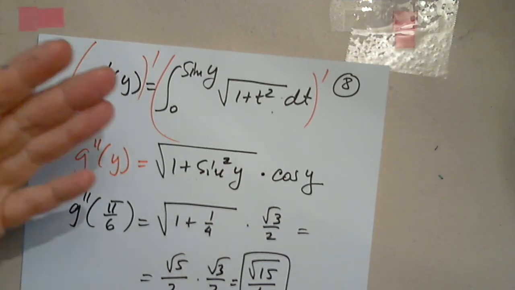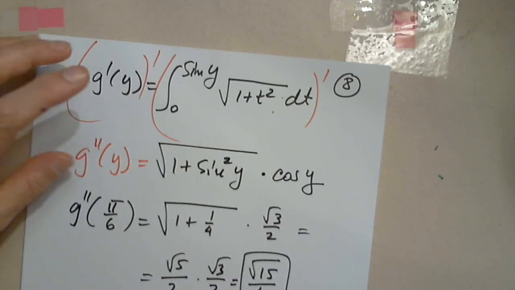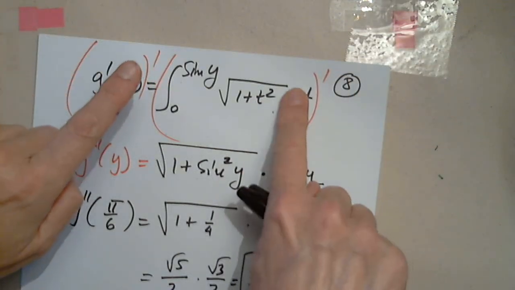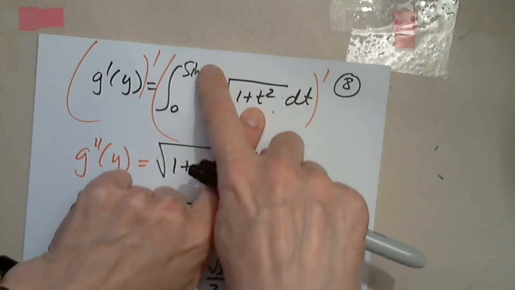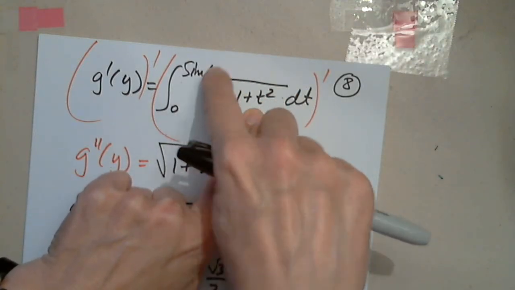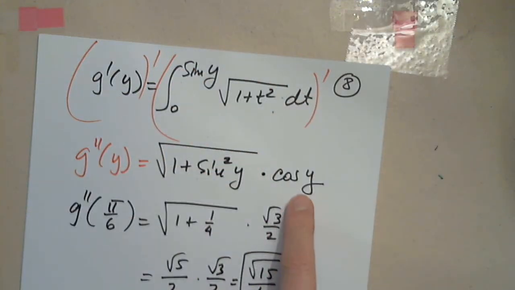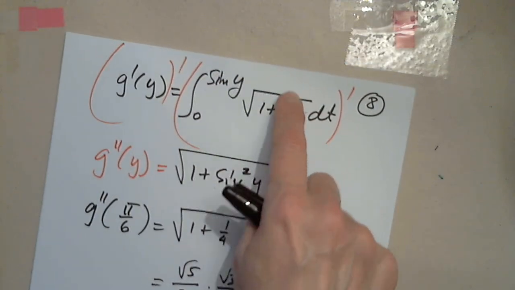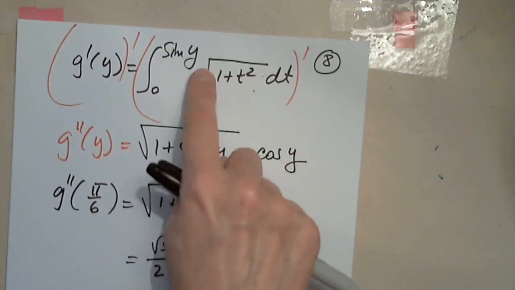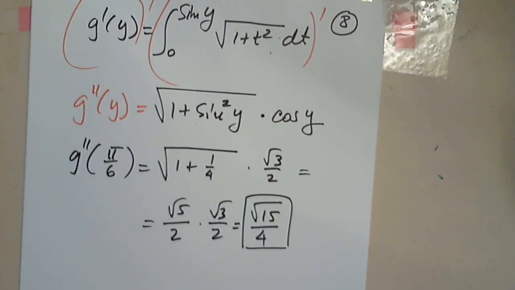So when I differentiate a function that is basically an integral, the integral goes away. The variable gets replaced by whatever this is. But since it's not just plain y, I have to multiply by the derivative of the inner function. This is the outer, and this is the inner. And the inner function has to be differentiated, like every time we apply the chain rule.